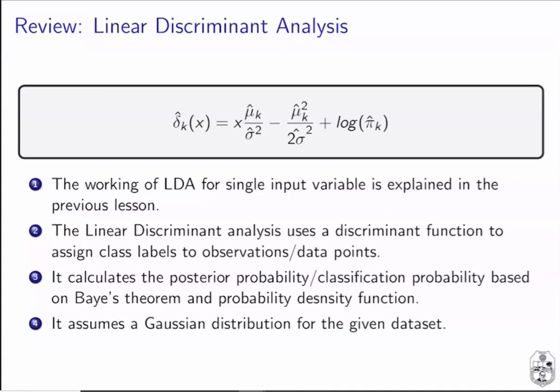Before starting the discussion on linear discriminant analysis for more than one variable, let us review what we have seen in the previous video. I have explained the proof of a function called the linear discriminant function, which is used to calculate the posterior probability or the classification probability, and used to assign the class labels when the input data is given.